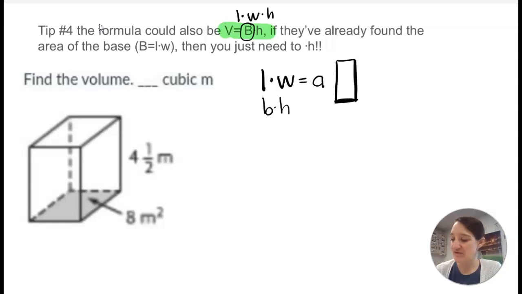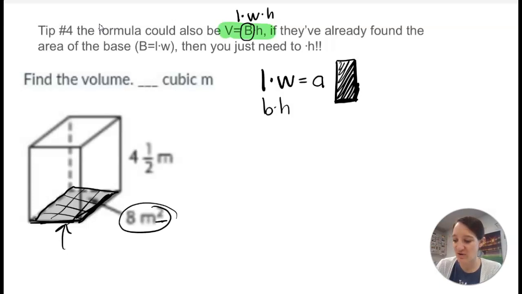So sometimes they're going to give you the area of the base, of the bottom. So that means they've already done the length times the width. They've already found out that there are 8 meters squared here on the bottom. Do you see how it's squared? So they've already done the length and width part of it, and that's what the area of the base is. So the only thing you need to do now is times it by the h.